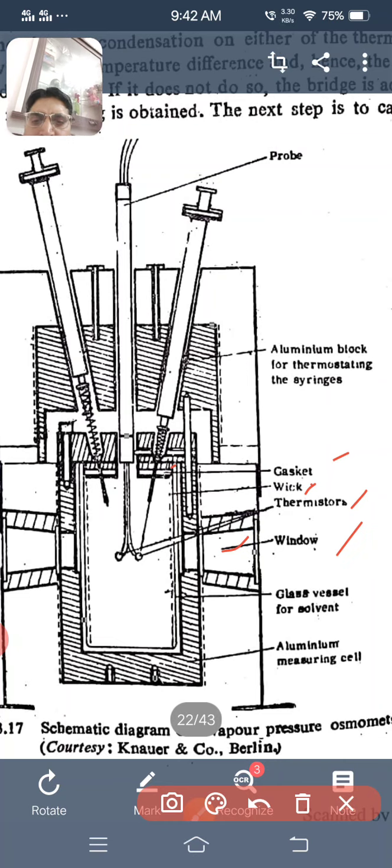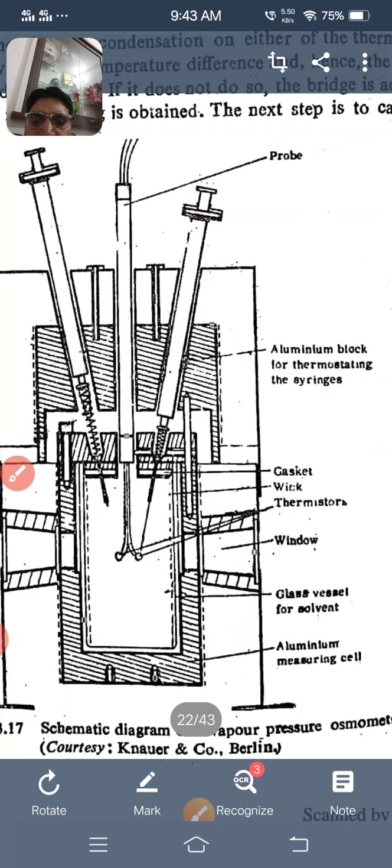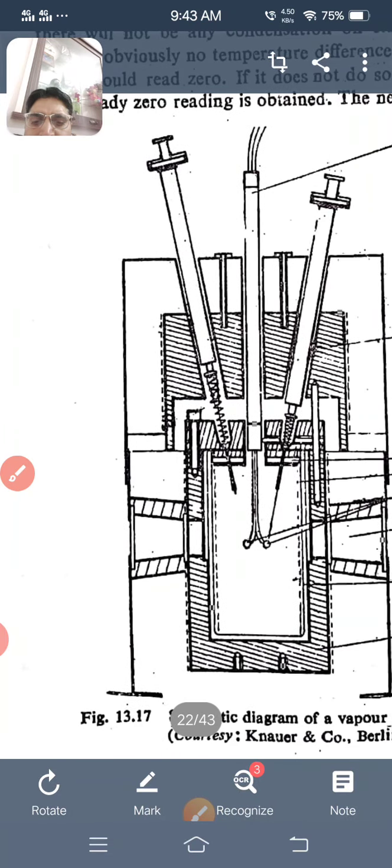In the lower position is the glass vessel for solvent. This is the glass vessel. This is the aluminum measurement cell, an important part of this diagram and of this apparatus.